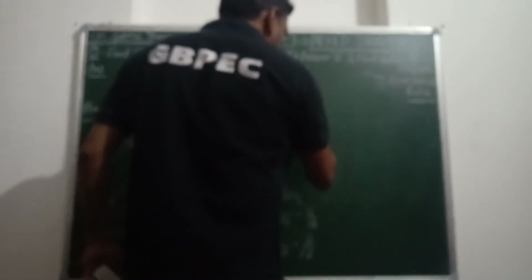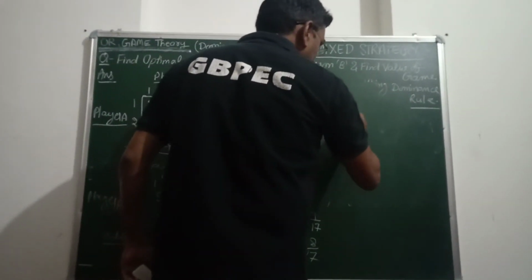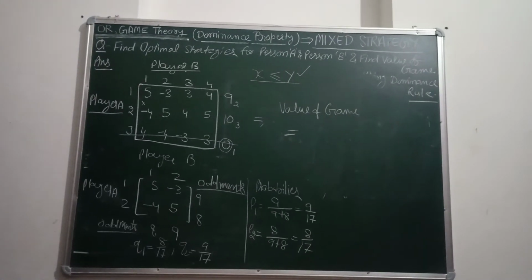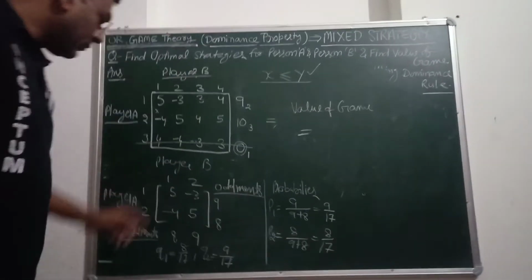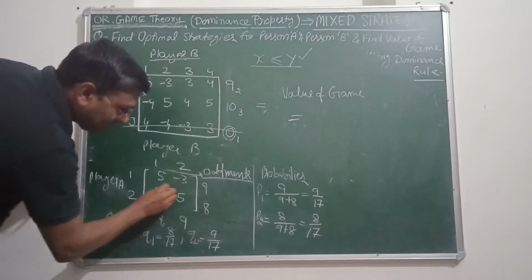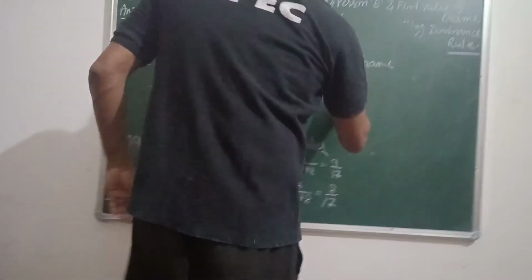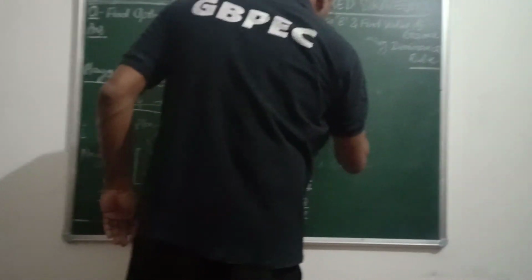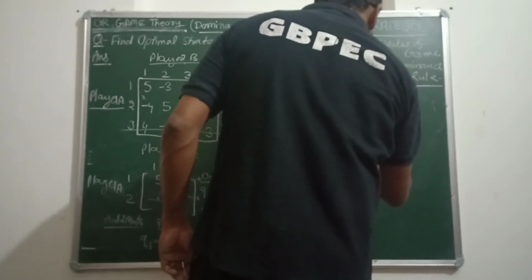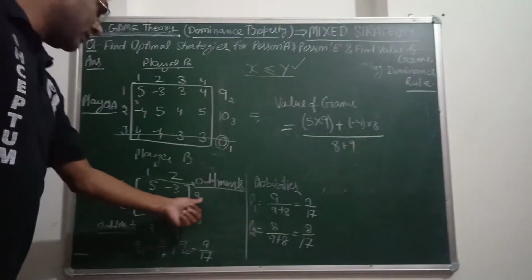Okay, so you know that the value of the game, I have explained this thing also earlier in my first video. So how can we find that? We will multiply this 5 with 9 and -4 with 8. 5 multiplied by 9 plus -4 into 8, divided by 8 plus 9, divided by the sum.